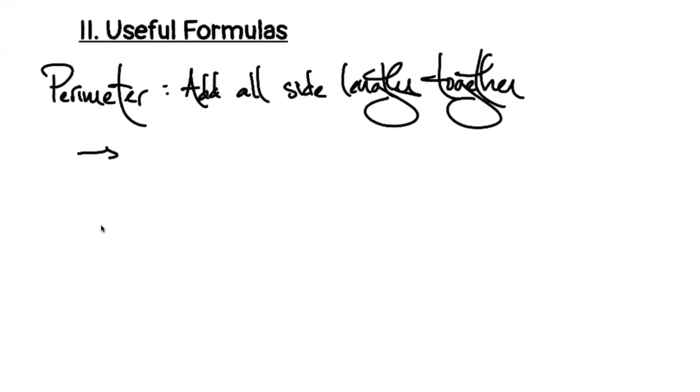What is perimeter of a circle called? Because we don't call it perimeter. Call it something else. Yeah, circumference is perimeter of a circle. We just call it a different name.